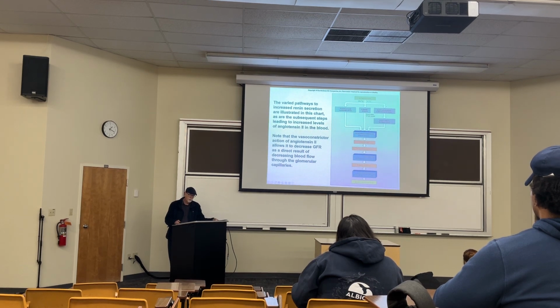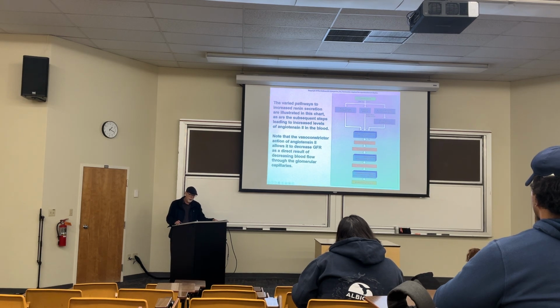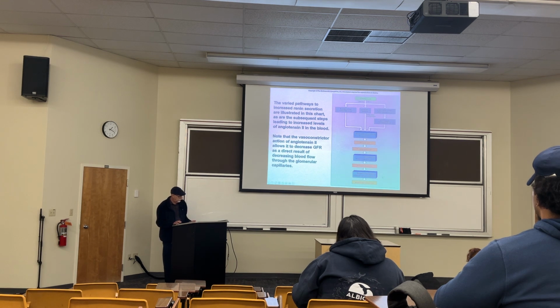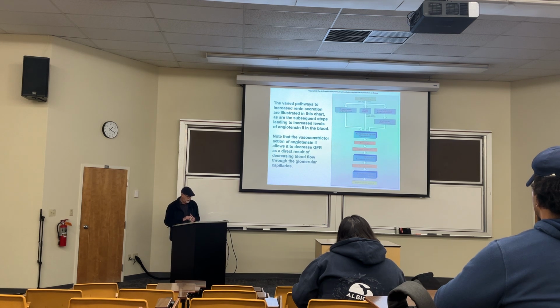This could cause renin secretion, a decrease in glomerular filtration rate, and we could have our renin-angiotensin-aldosterone system activated, as well as ADH, and then we could reabsorb more sodium, chloride, and water from the distal convoluted tubule.